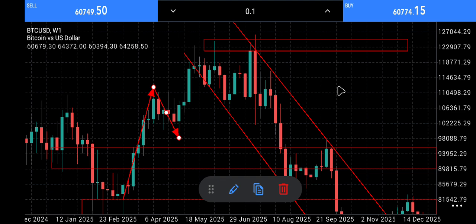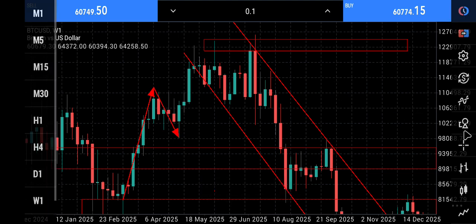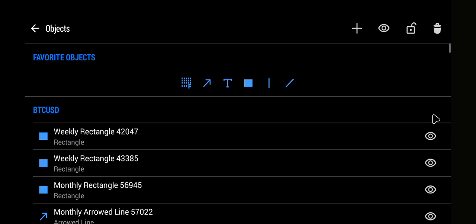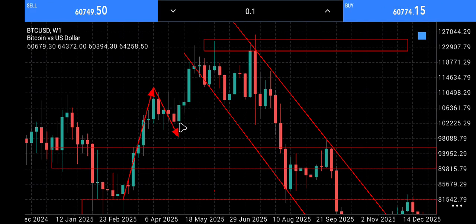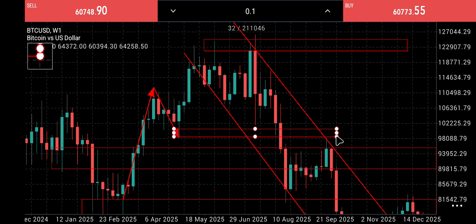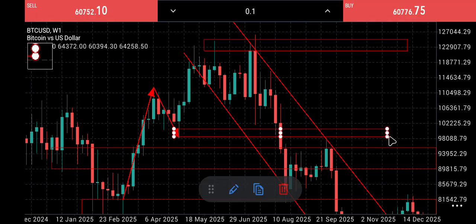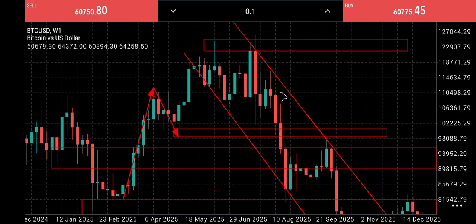This is our demand area, and we can mark it and identify it as our demand area, right? So that is our area. So we can buy here.